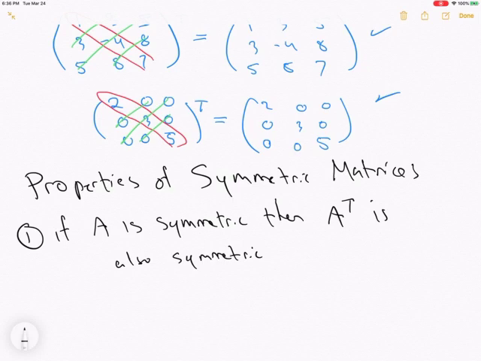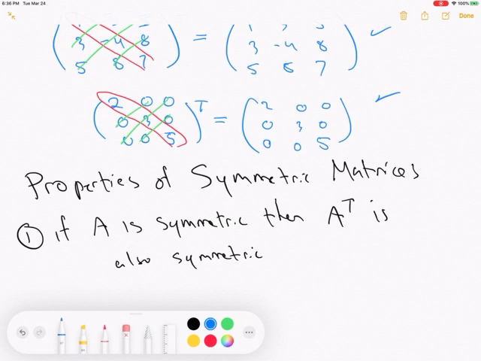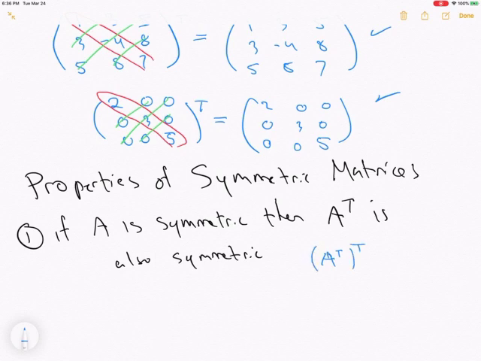This is just tautologically true because symmetric means it's equal to its own transpose. So you need to show that the transpose of the transpose is equal to itself, but that is just one of the properties of the transpose.